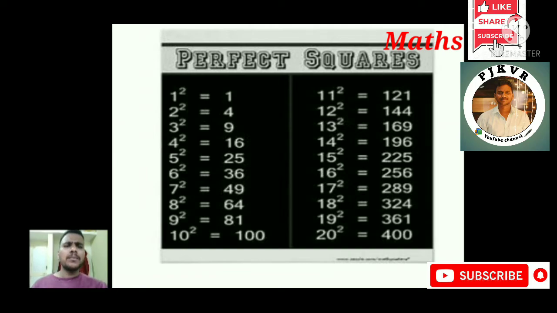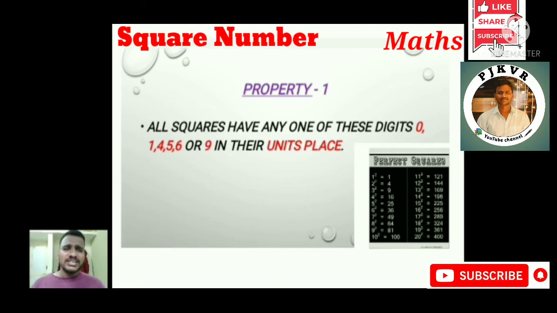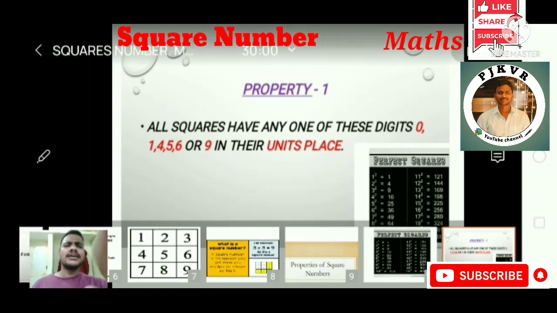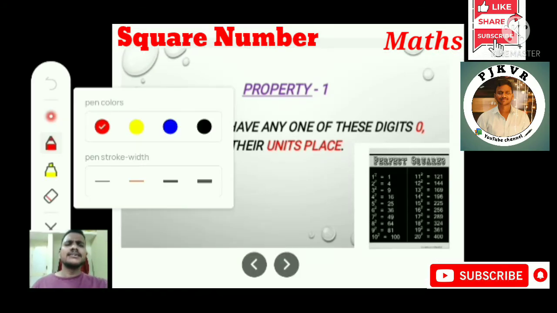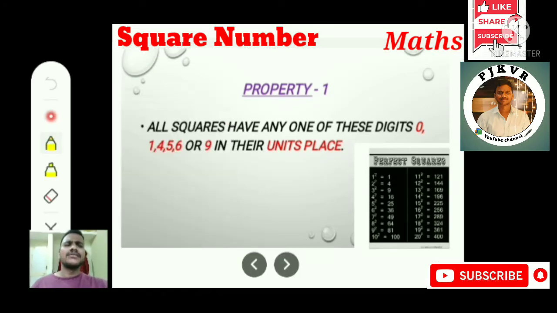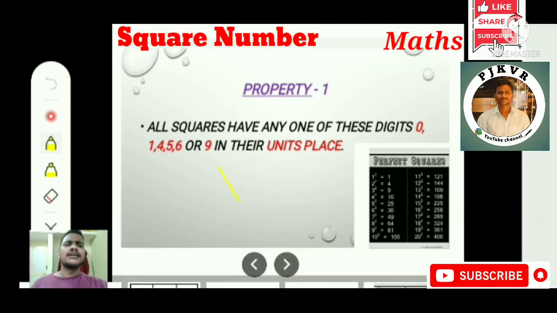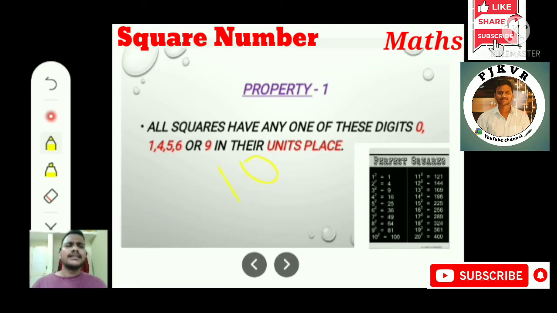Next we move on to property 1. What does property 1 say? All squares have one of these digits 0, 1, 4, 5, 6 or 9 in the unit place. Unit place means what? Take the example 10. The 10 has two digits.